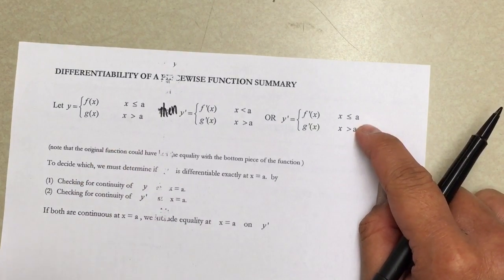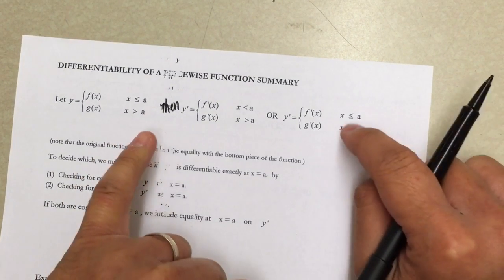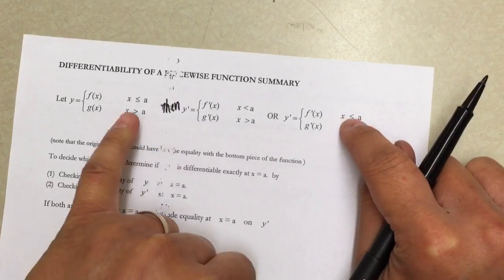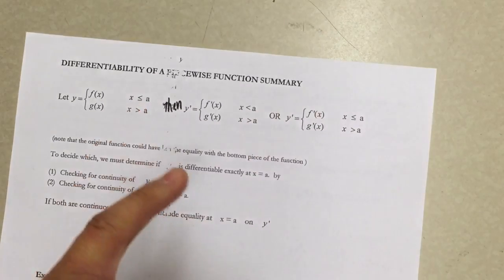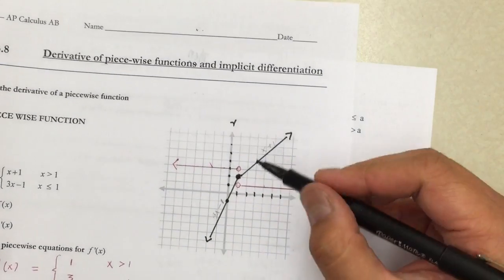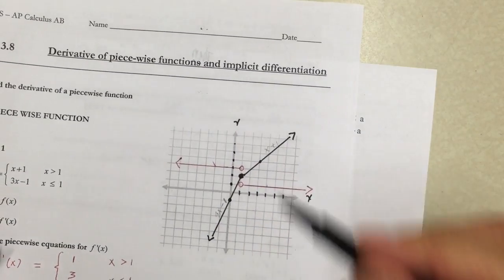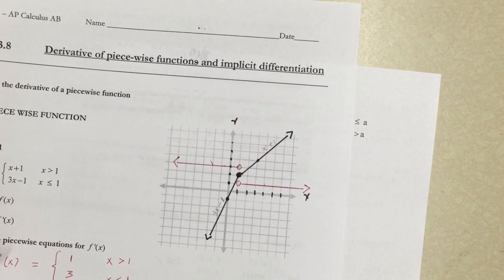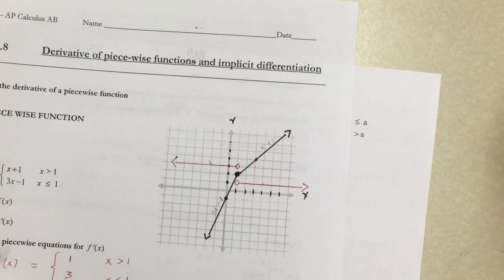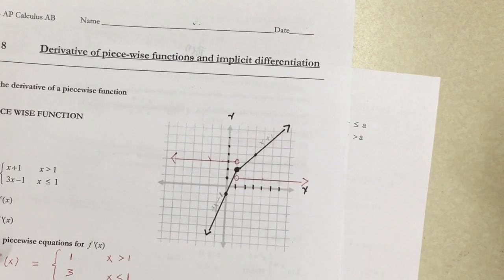Now, how do we know when to include the boundary and when to remove the boundary? Well, if you're able to look at the graph and see the obvious, which is the corner, then don't include the boundary point, because the derivative at a corner does not exist.